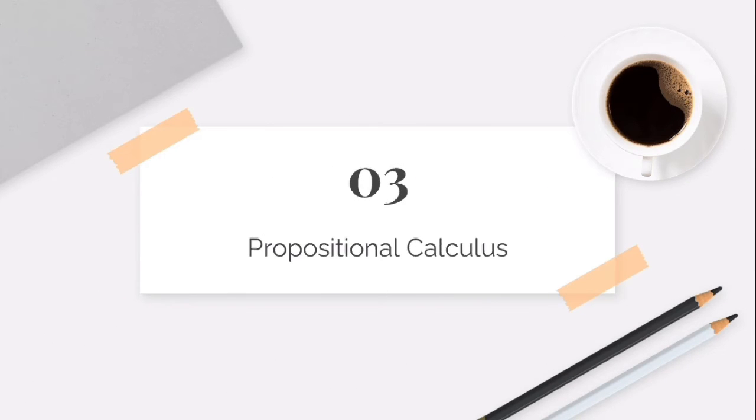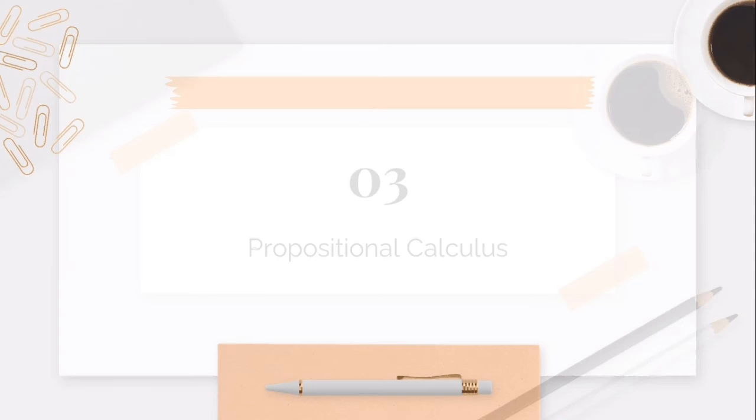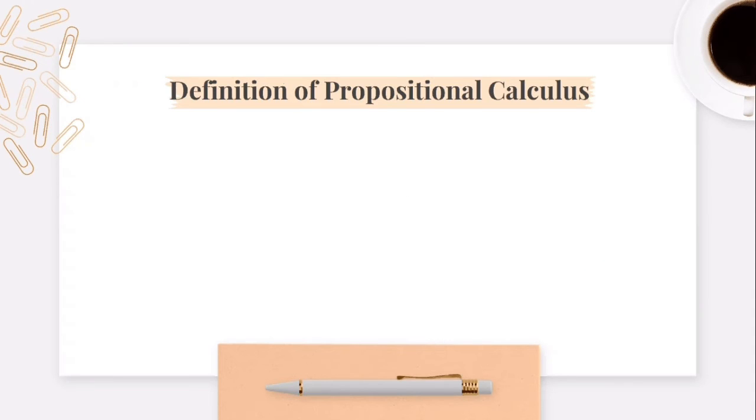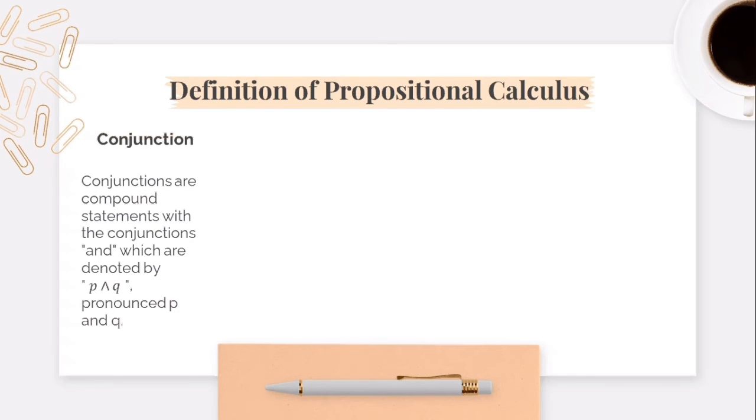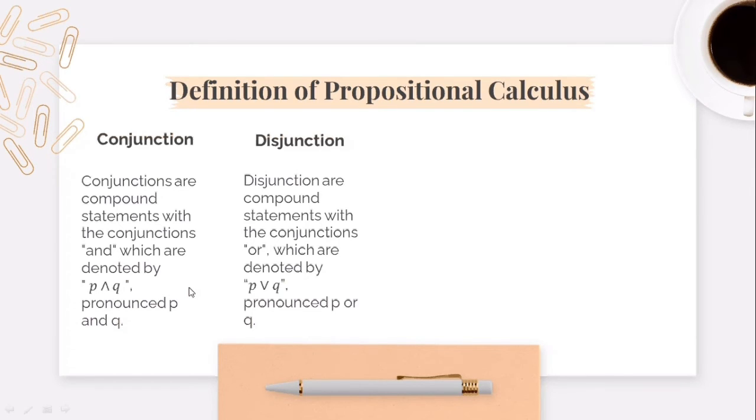Now we will talk about propositional calculus. Definition of propositional calculus. First, we have the conjunction. Conjunctions are compound statements with the connective and, which are denoted like this, read p and q. Second, disjunction.